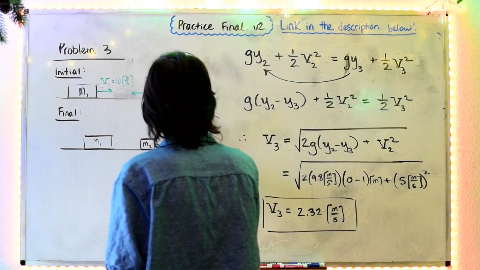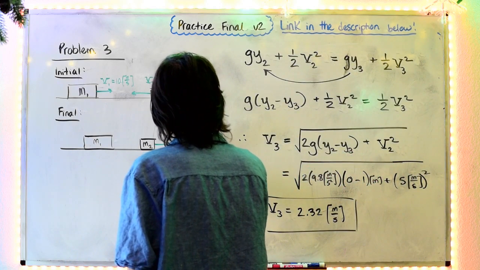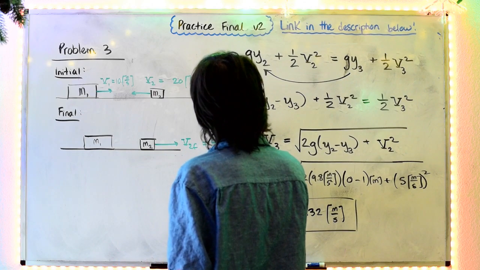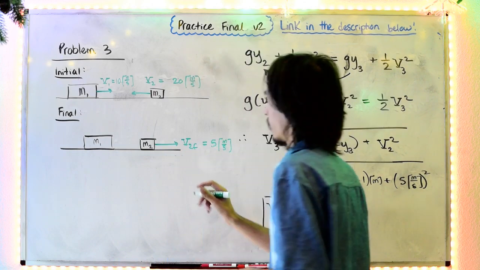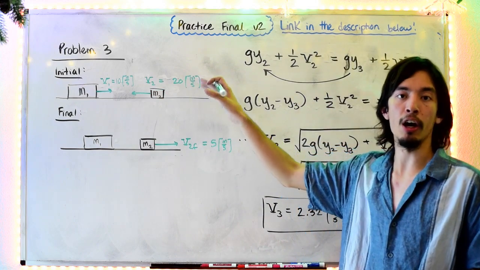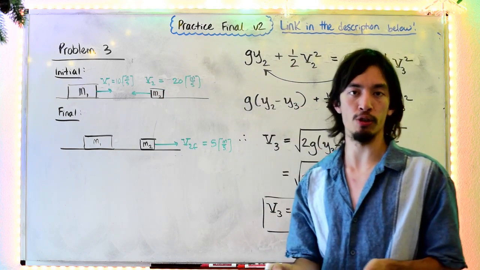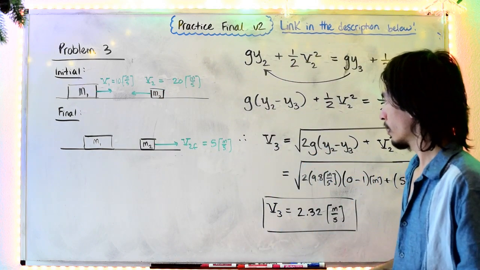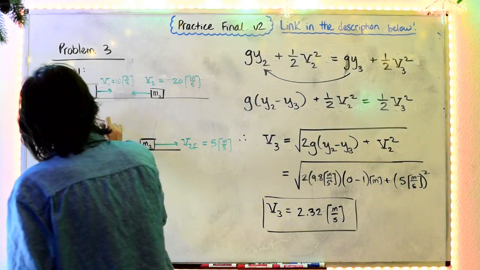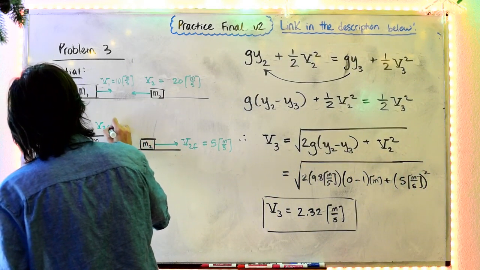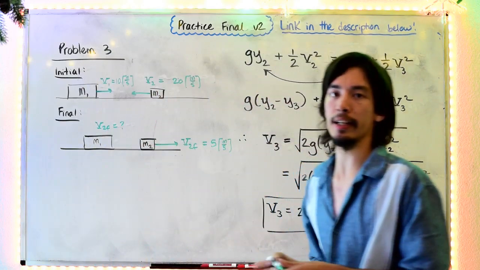So the V2 final is 5 meters per second. These two velocities initially would be v1 initial and v2 initial. So I don't know what v1 final is, and I want to find what that is.